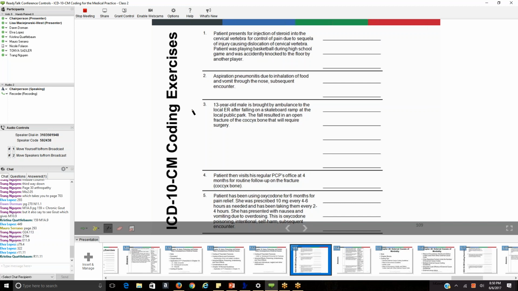If in the op note the fracture is not specified as open or closed, then you're always going to code it as a closed fracture. But if it is specified as an open fracture like this one is, then you're going to code it as an open fracture, okay?